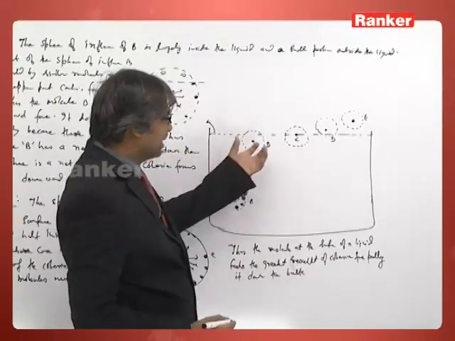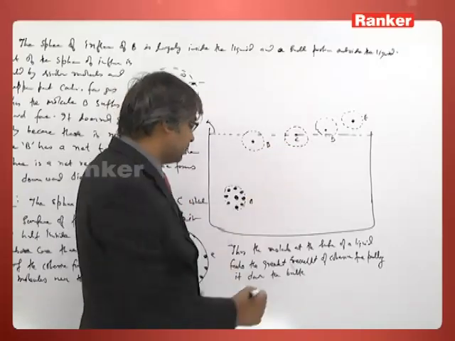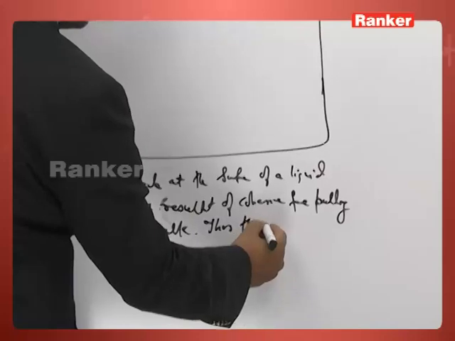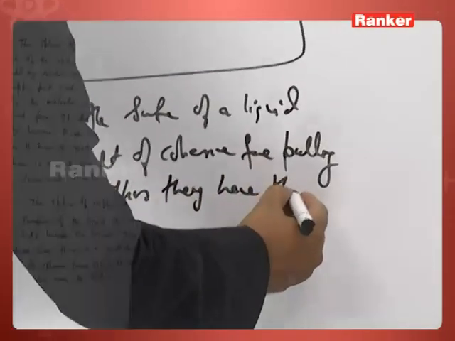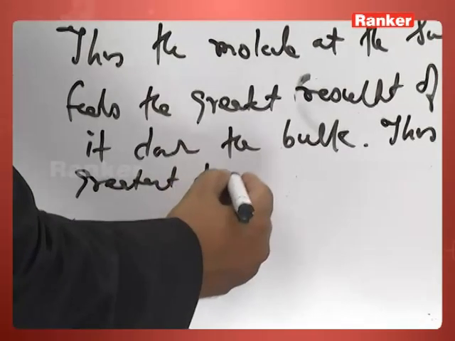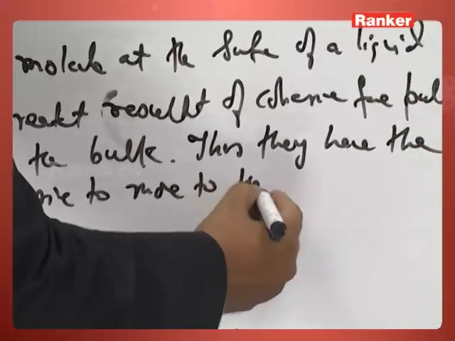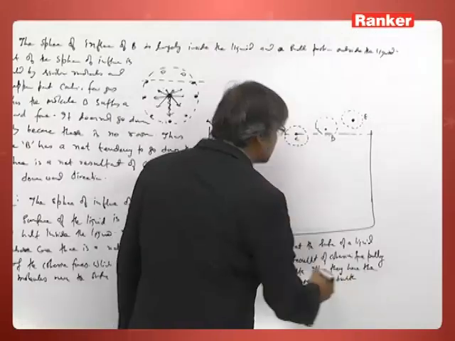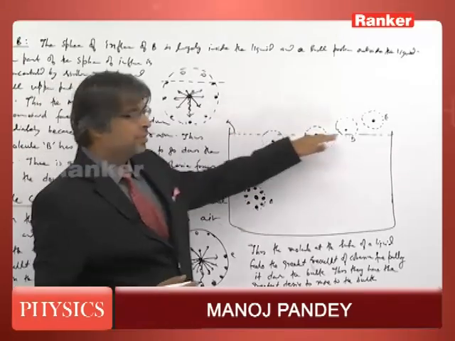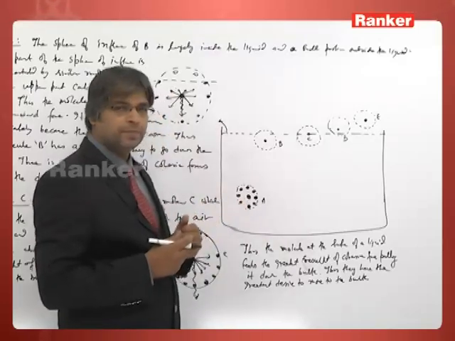They have the greatest desire to move to the bulk. This property makes the surface behave like a stretched membrane.